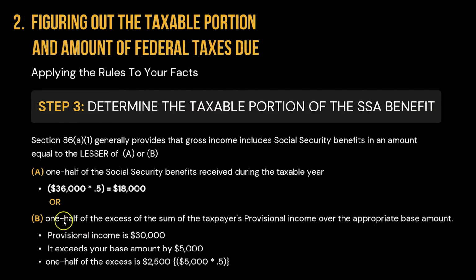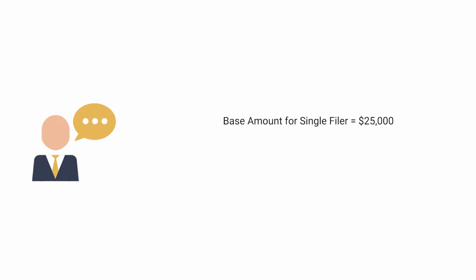Let's read the rules again. 1/2 of the excess of the sum of the taxpayer's provisional income over the appropriate base amount. What is the base amount for single filers? The base amount for single filers is 25,000.